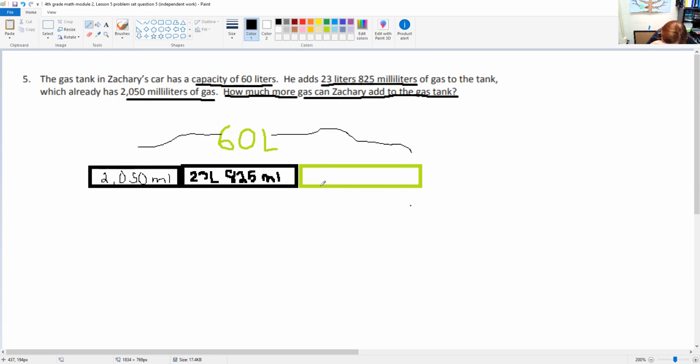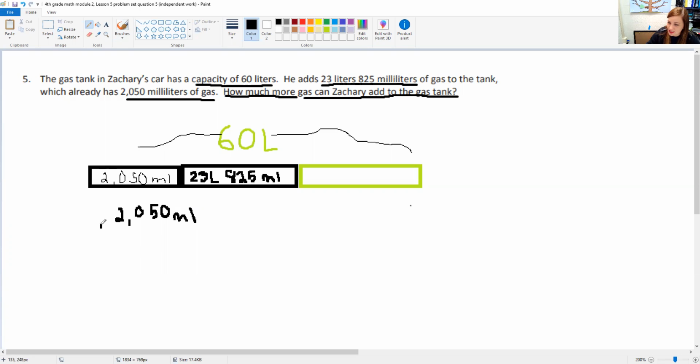So we're going to start by adding those two together. So let's do that. So I have 2,050 milliliters, because remember that is how much he already had. And I want to add that to this. This is supposed to be a 3. 23 liters, 825 milliliters.